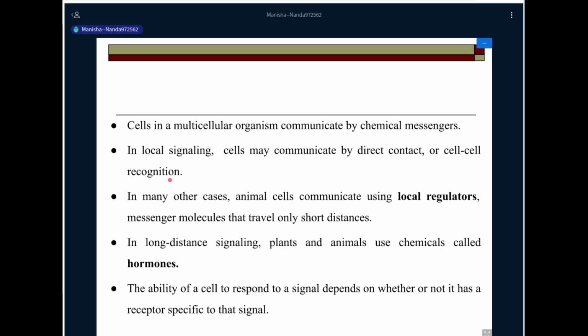You may be aware of different junctions between cells. Cells can communicate with each other by direct cell-to-cell contact also. Then, if we take the example of the cells of the immune system, they can travel to distant tissues where cell-to-cell recognition is important, where they understand what is the site of infection, in which tissue that infection is present.